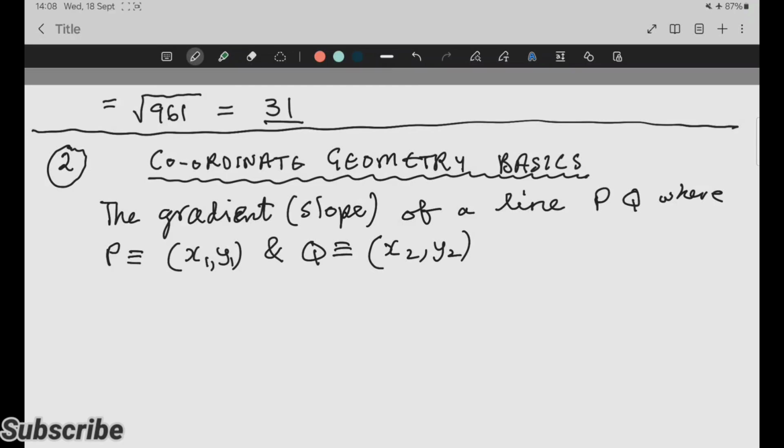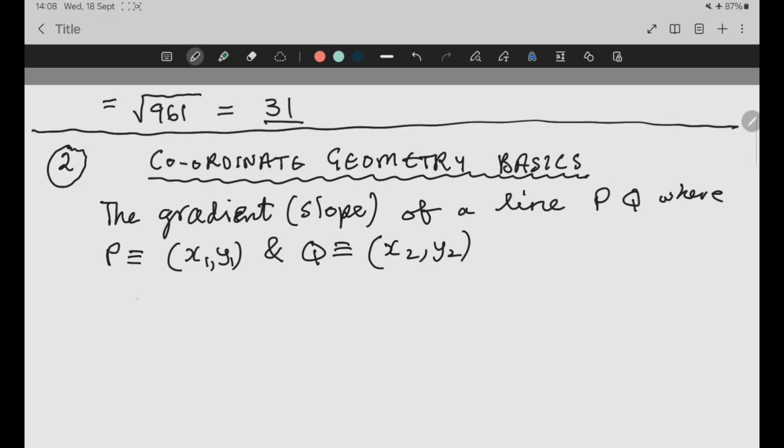Okay, I'll move on now to the second topic in Coordinate Geometry Basics, and this is to find a little formula for the gradient or slope of a line PQ, where P is identified by the coordinates x1, y1 and Q by x2, y2.